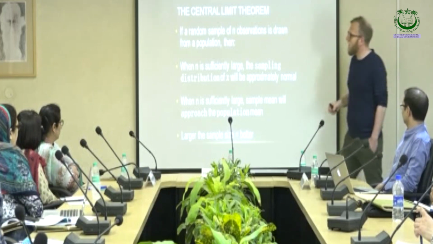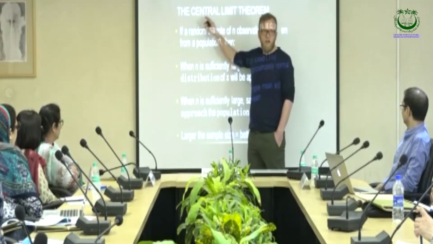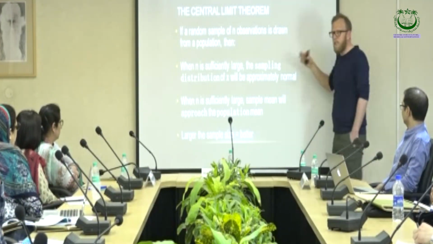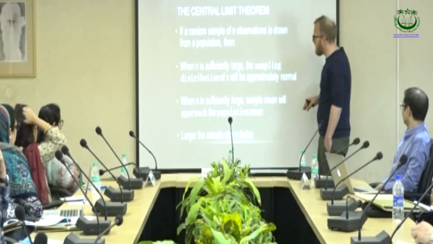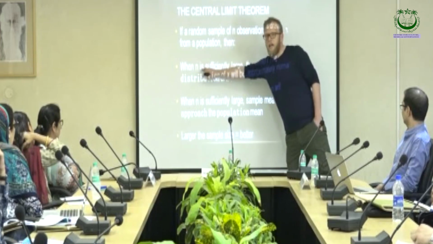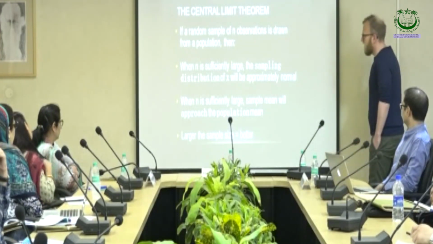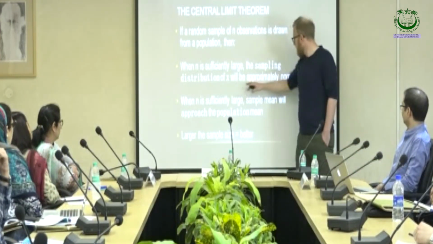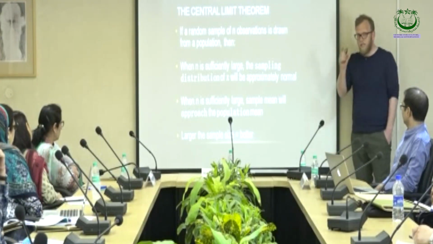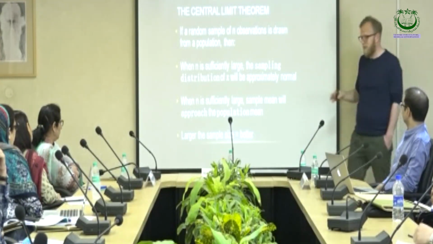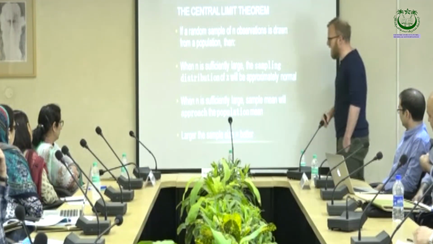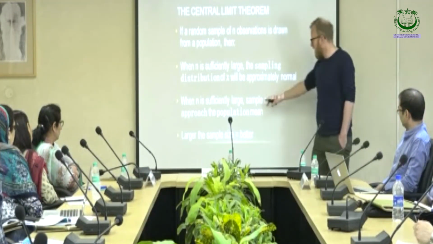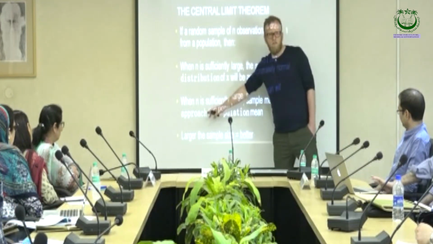So the random sample, and again, we speak about the simple random sample here, because that most easily explains what happens here, is drawn from a population, and when the sample is sufficiently large, the sampling distribution of X will be approximately normal. I'll show you in a second. When n, the sample, is sufficiently large, the sample mean will approach the population mean.